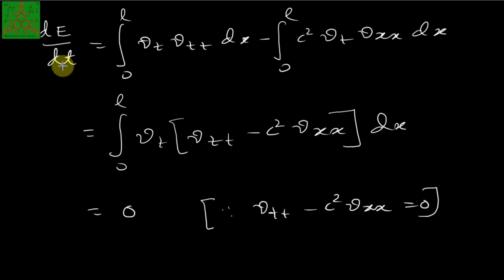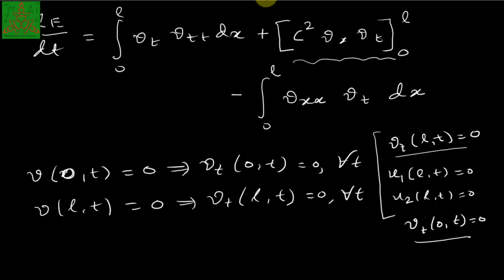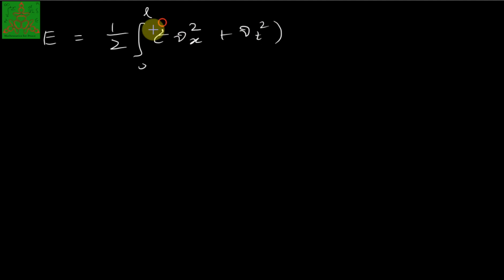So that means dE/dt is 0, which tells you that E is a constant function. The derivative is 0 means the function is constant. The ultimate goal is to prove that this function E is the zero function. That we can do, because the value of E is E equal to 1/2 integral from 0 to L of c² Vx² plus Vt² dx.